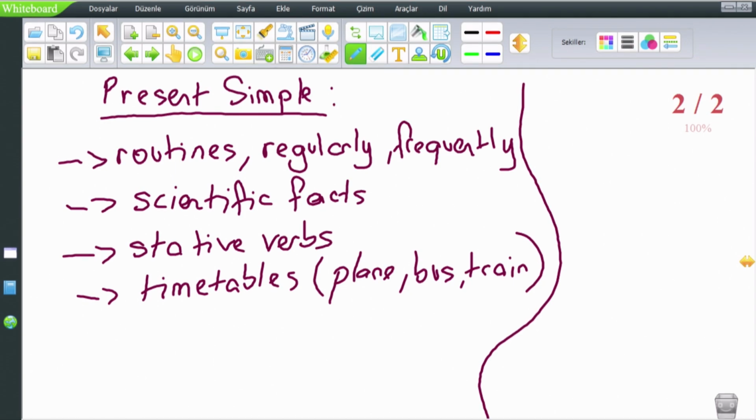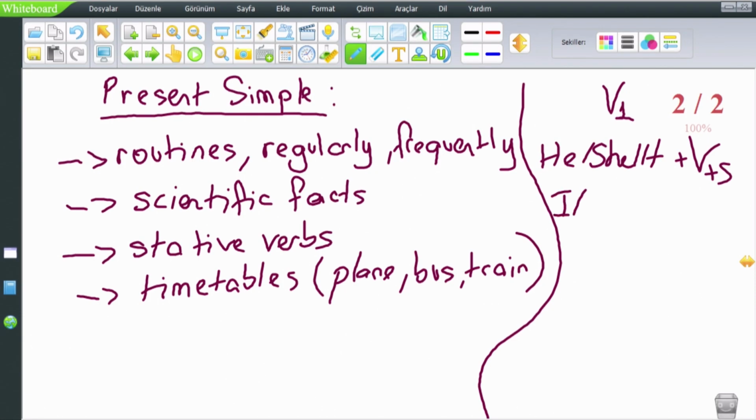And we talked about how we use present simple in sentences. What's the grammar rule here? We said that we use verb 1 form in present simple. The only thing that changed, according to our subject pronouns, is that we use verb S form with subject pronouns, which are he, she, it.